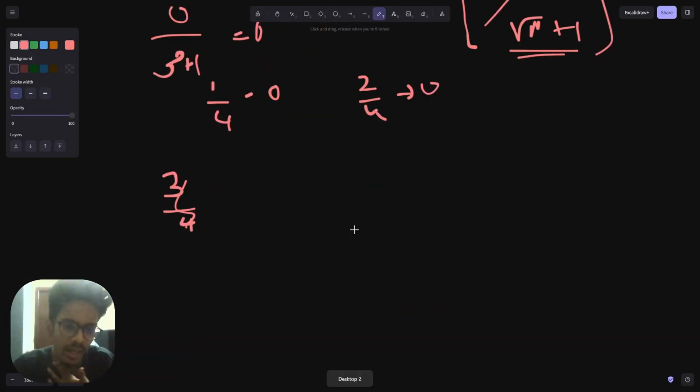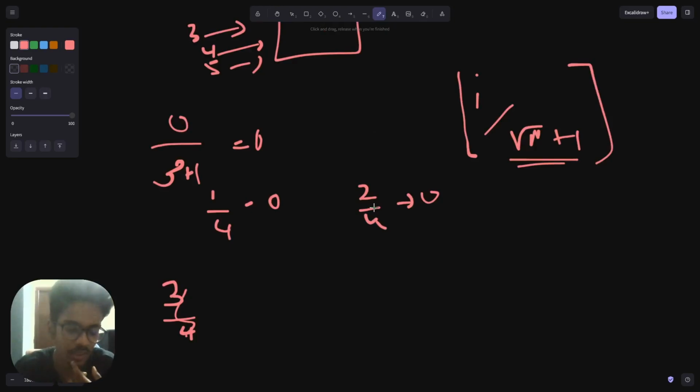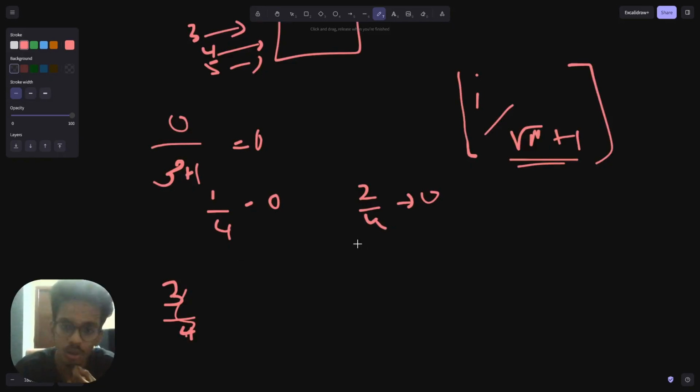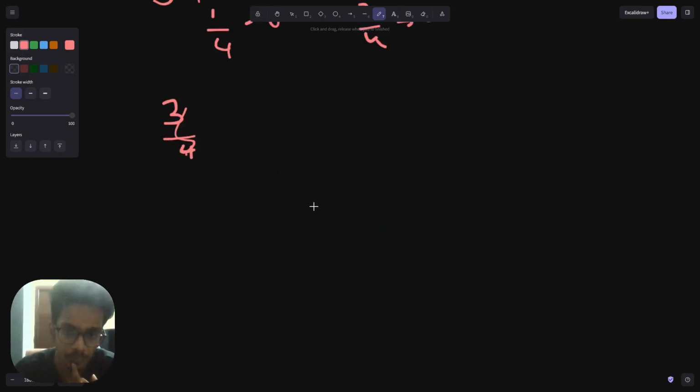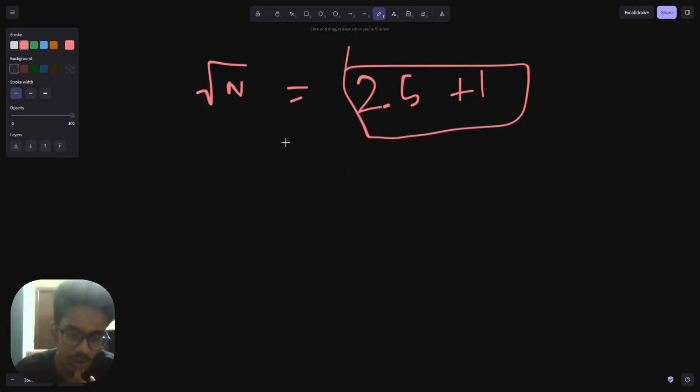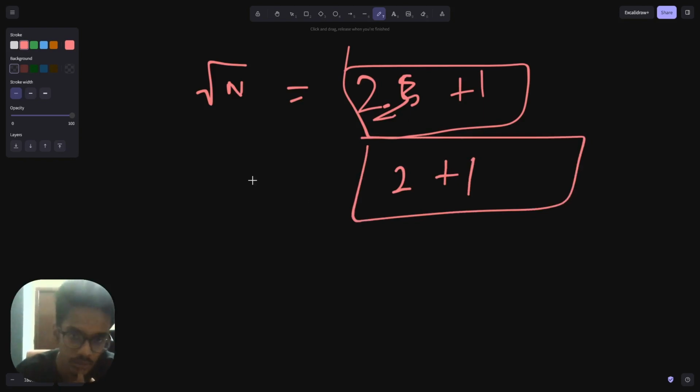Sorry, let me give a better explanation of how this works. When you do root n, sometimes you may also get 2.5, some values like this. That's why you are adding a plus 1. So that even if you get 2 due to 2.5, this 0.5 however won't be present in an integer, you somehow manipulate it to get 3.